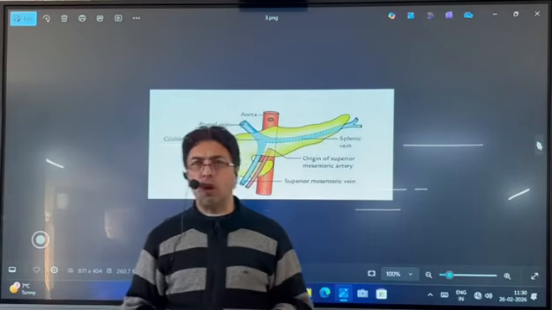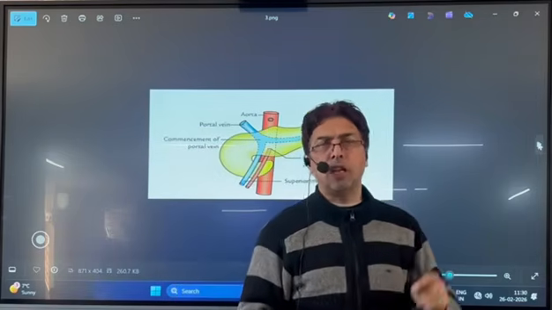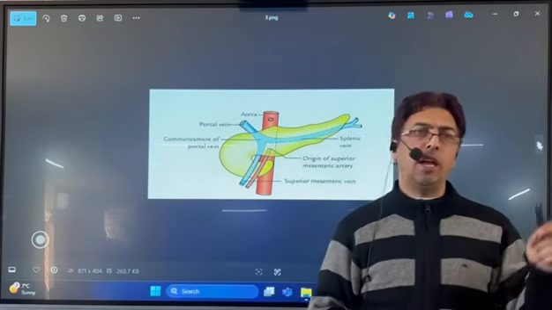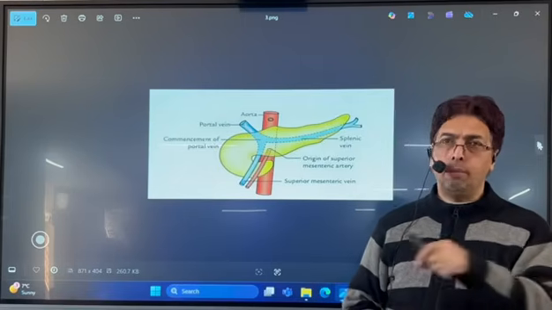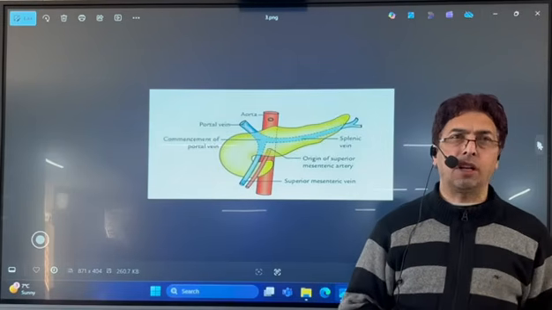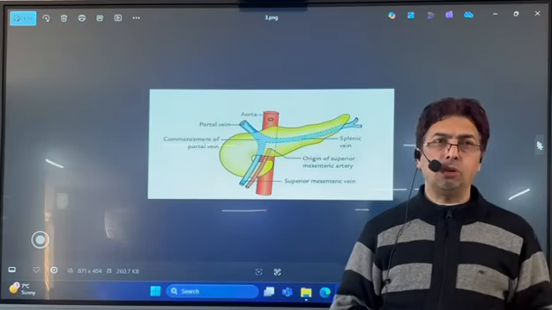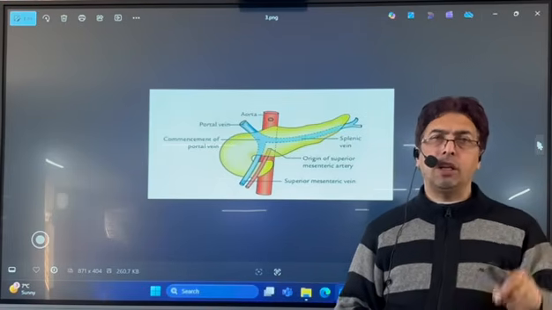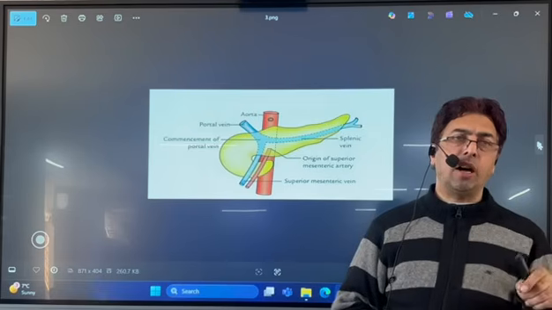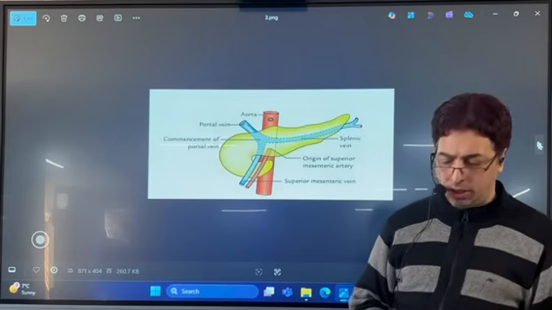These might sound like very basic facts, but they are very important relations and you have to remember them. Why? Because I will be telling you the clinical significance of these things ahead. That's why I mentioned that the tail of the pancreas is very important as far as its relation to the spleen is concerned.